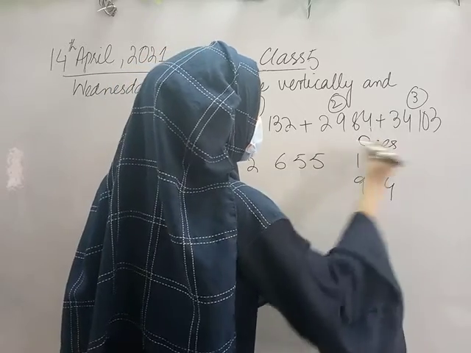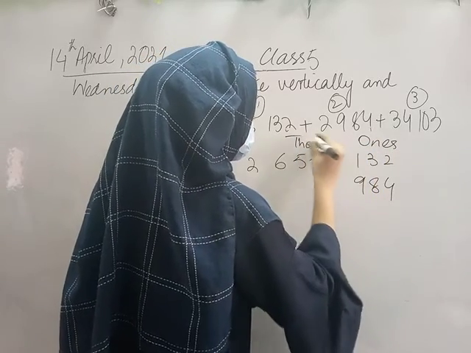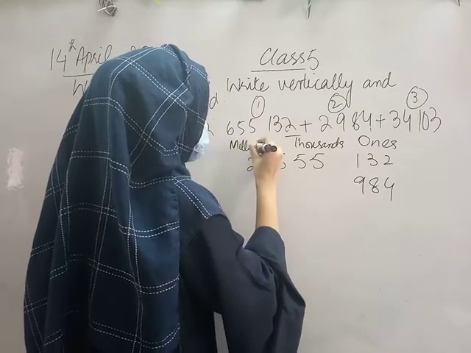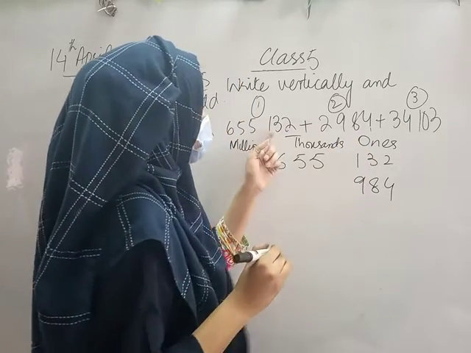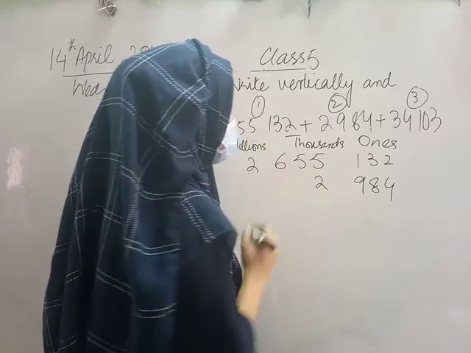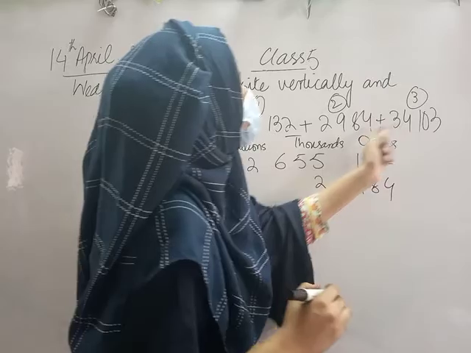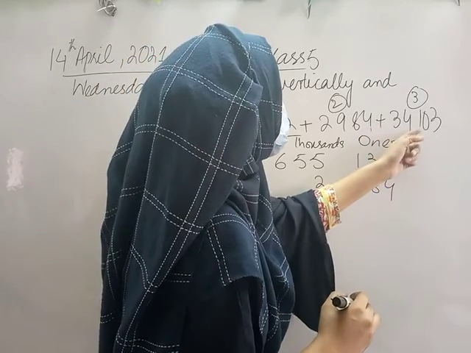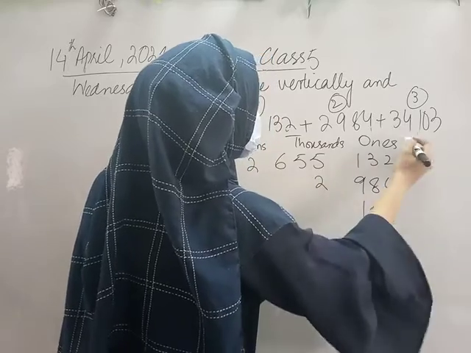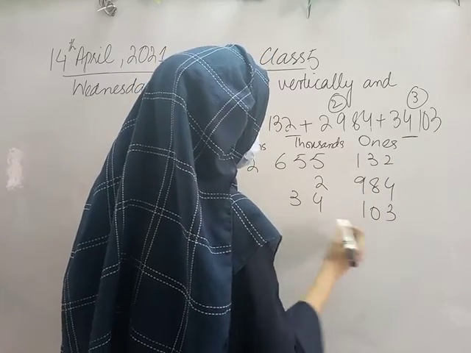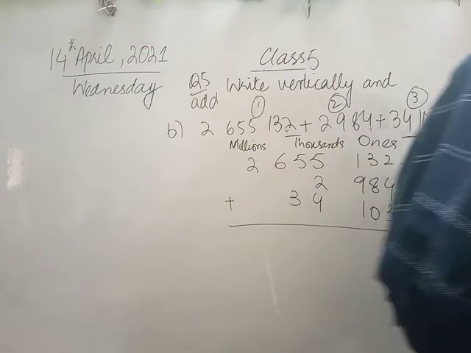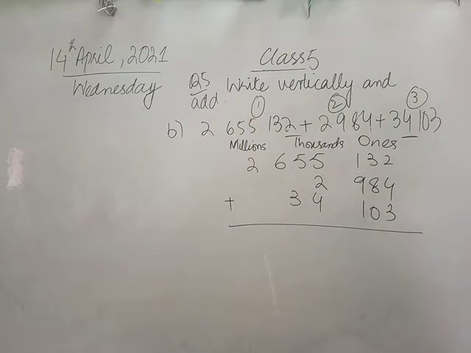This belongs to ones, thousands and millions. Now 2. Okay. Now the next number, which is 34 space 103. So 103 is at ones place and 34 is at thousands place. Fine. Okay.